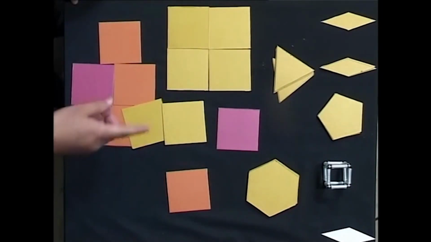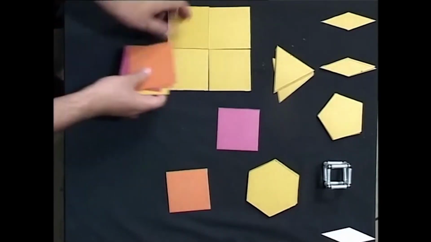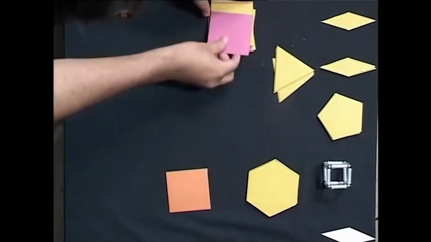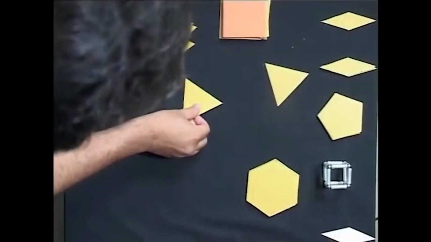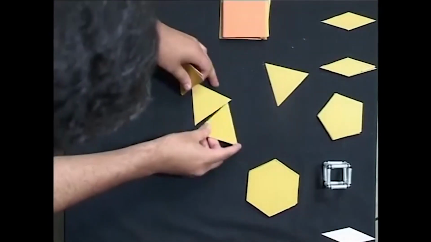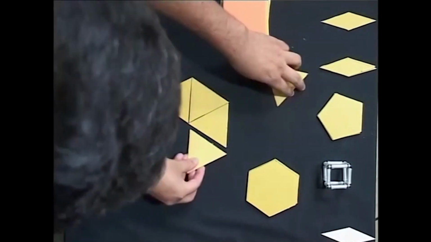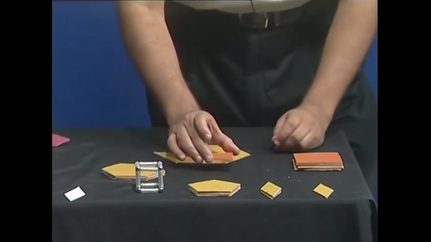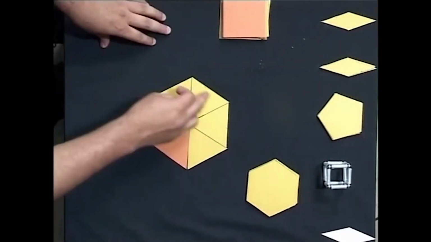Now let us proceed to the triangle and the hexagon to see how they can fill space. And now we are talking about 2-dimensional space. So I take a triangle, I put one of them, then I can put another triangle, and another triangle, and another, and then assuming that this triangle is also of the same color, I can put another triangle to actually obtain a hexagon.